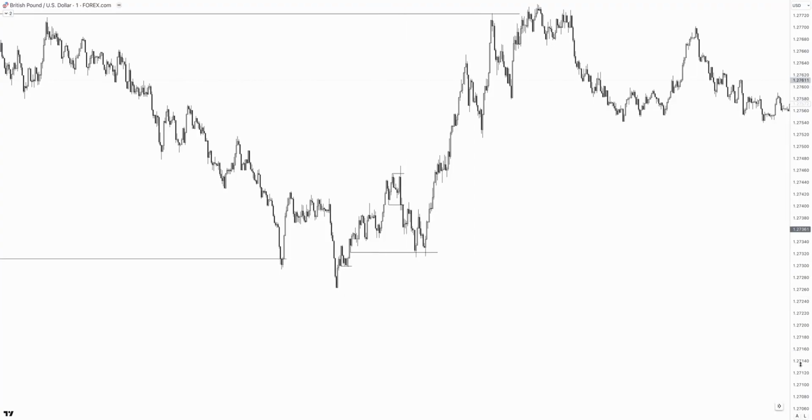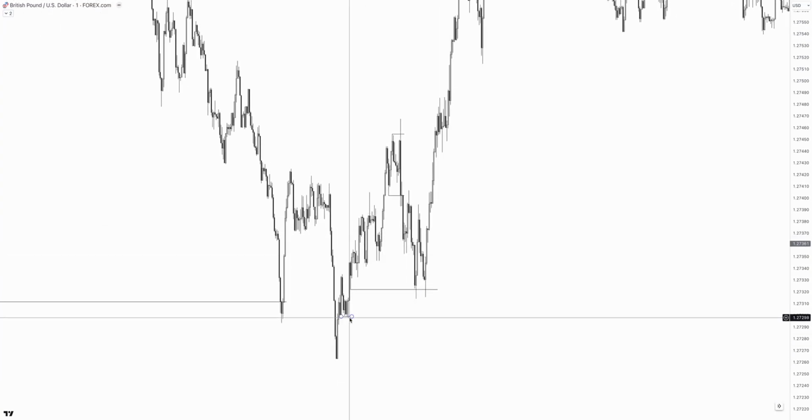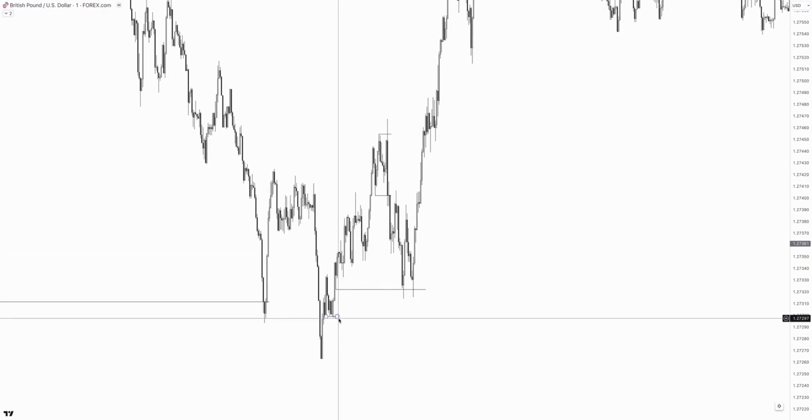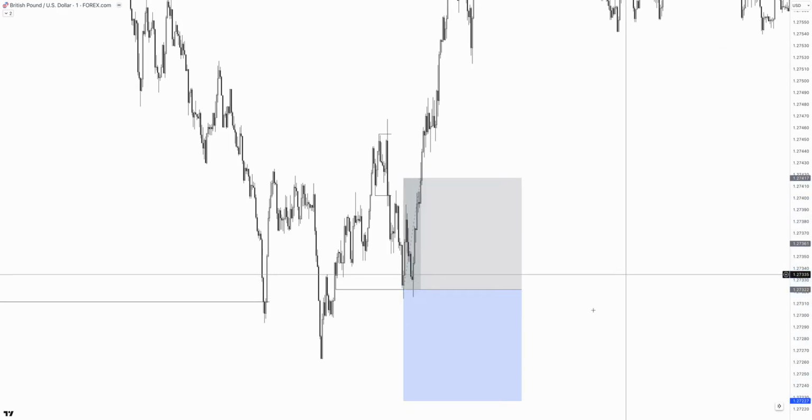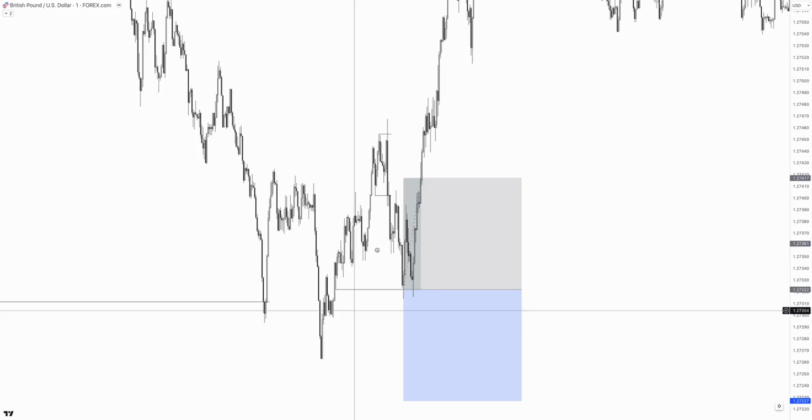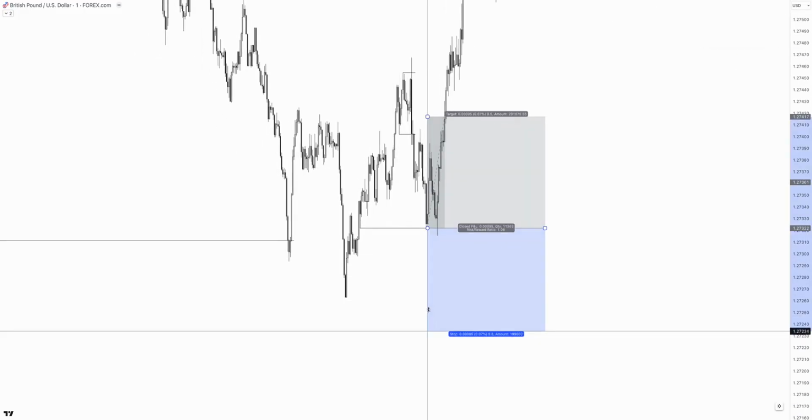But this low was taken right here, so it is a liquidity block. I just don't like it. I wouldn't be taking it straight from there, or I wouldn't be keeping my stops below there. I'll take it straight when this liquidity is taken and just keep my stops below the low.